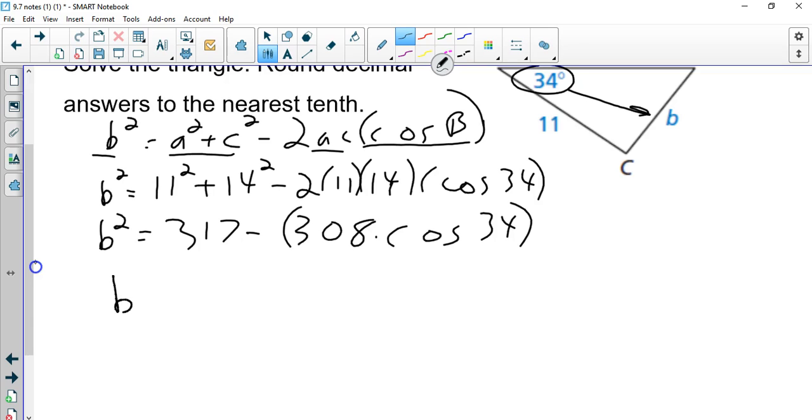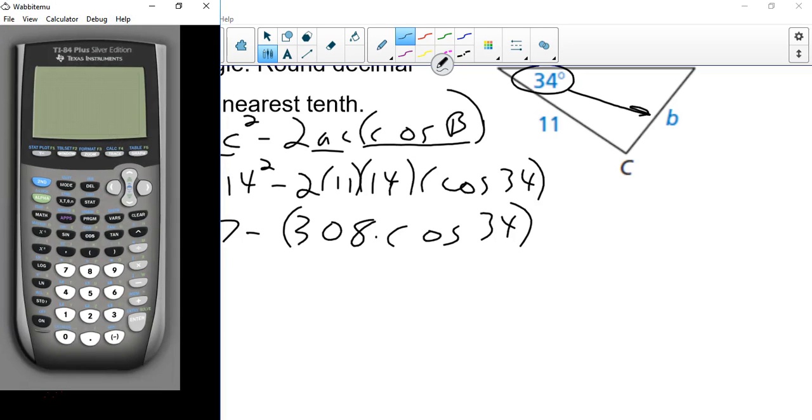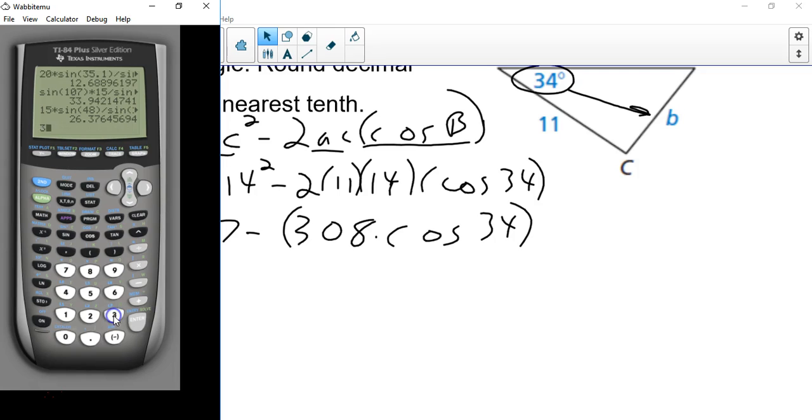So now, B squared is equal to, and I put this in parentheses because on the calculator, we're going to type in 317 minus parentheses 308 times cosine of 34, close parentheses.